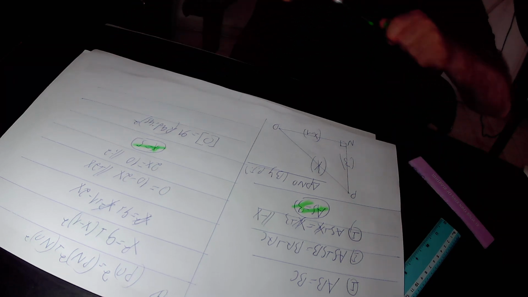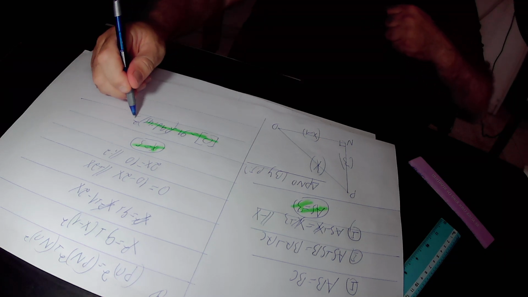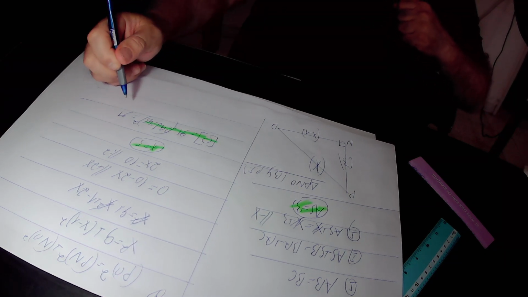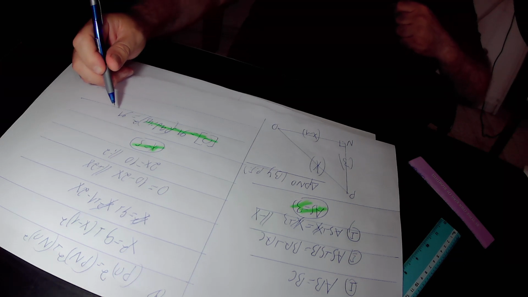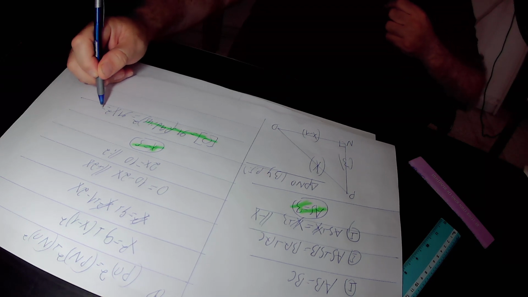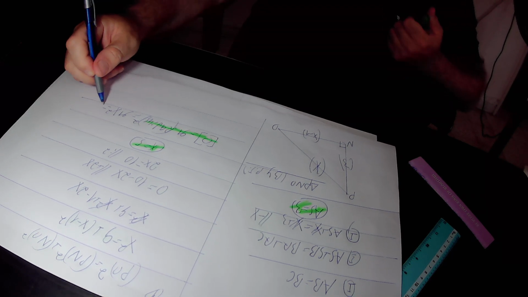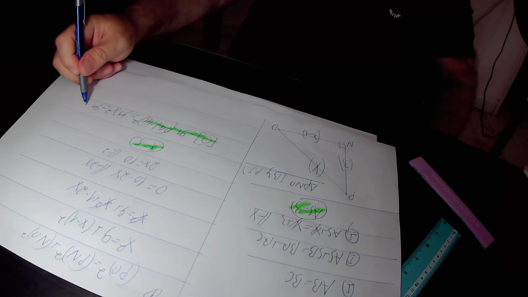And therefore, the area of our circle must be equal to pi times the radius of our circle squared. The radius of our circle is x, therefore the radius squared is x squared. So in total, the area of our circle equals pi x squared. x is 5, therefore x squared is 5 squared.